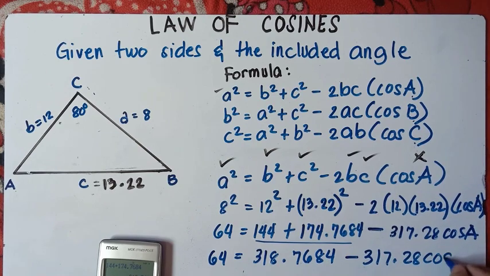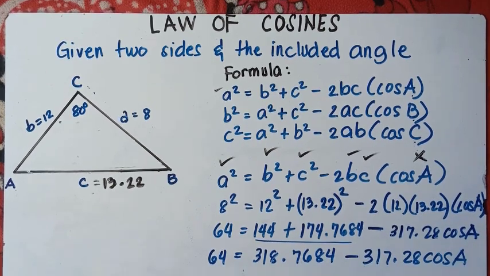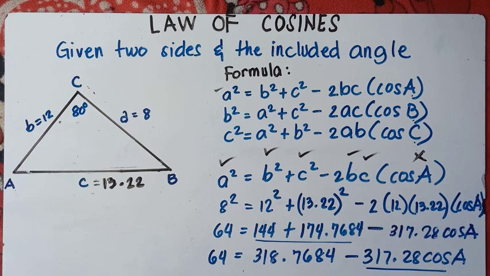317.28 cosine A. So do not forget about this one, class. Once again, let me repeat it. You cannot subtract 318.7684 to 317.28. Why is that? Because this number has a variable, cosine A. It's just not a number.